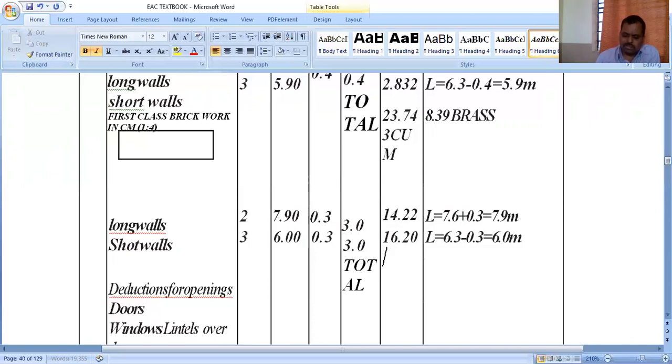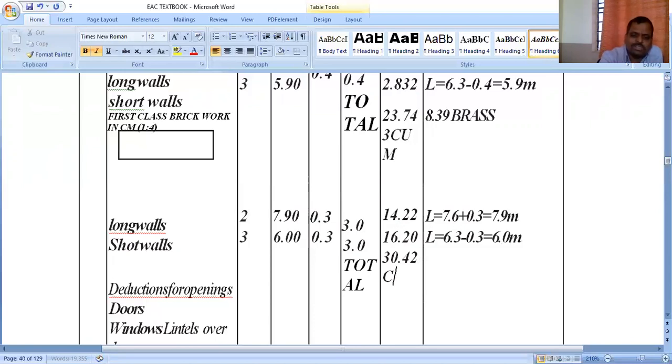So it will be 14.22 plus 16.2. It will be 30.42 cubic meter. Okay. Now here we have to understand one thing.